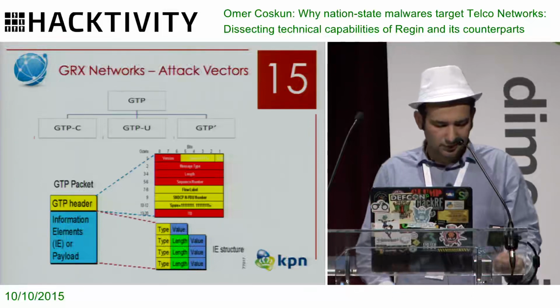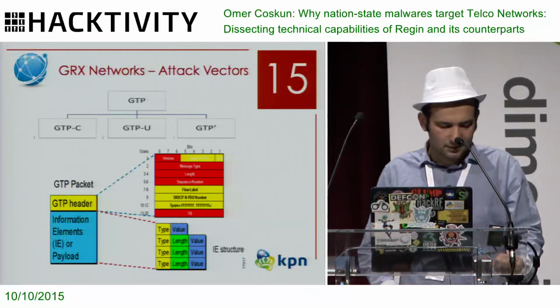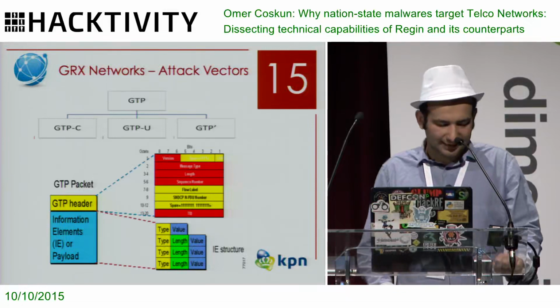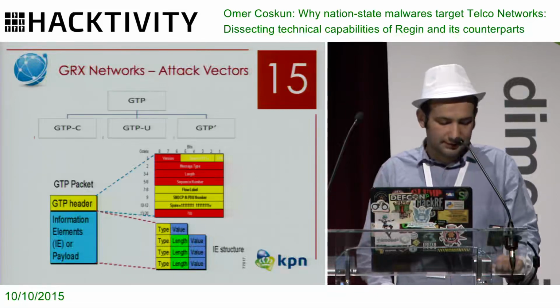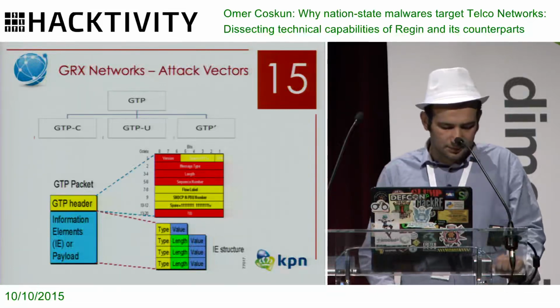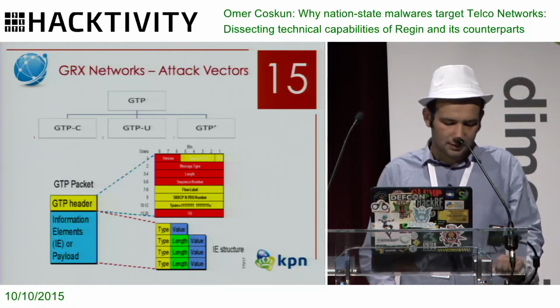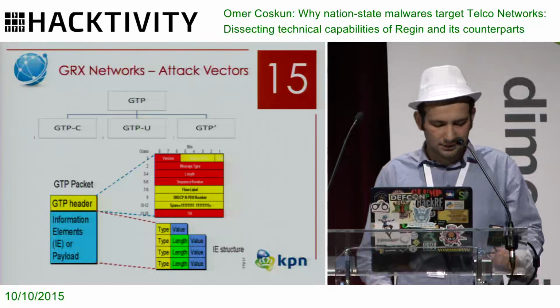GPRS Tunneling Protocol is a group of IP-based communications protocols used to carry general packet radio service within the GSM, UMTS, and LTE networks. GTP can be decomposed into separate protocols: GTP-C, GTP-U, and GTP prime.